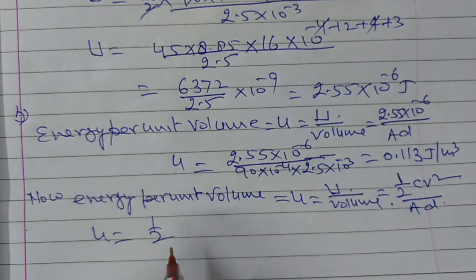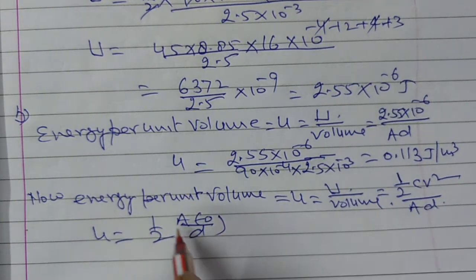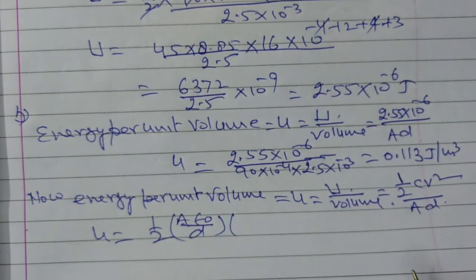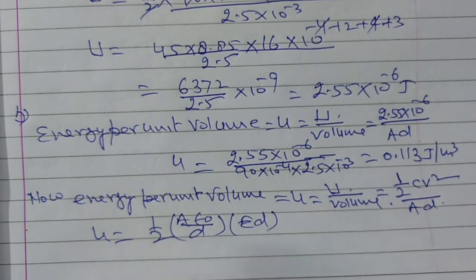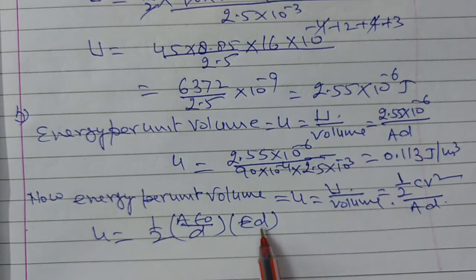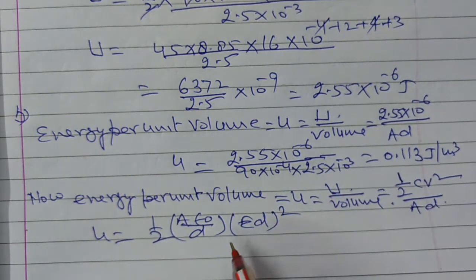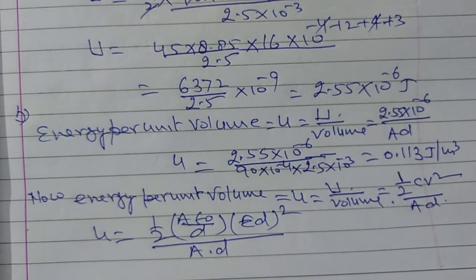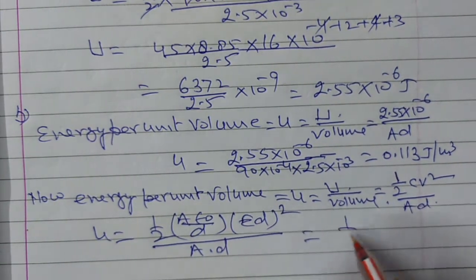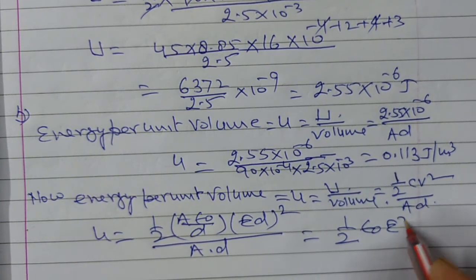C, आप जानते हैं, for a parallel plate capacitor is A epsilon naught upon D, and V is equal to the potential difference between the plates, which is E into D, electric field between the plates and separation between the plates. This is V, and this V whole square here, and now this is area into D. Now on solving, this is half into epsilon naught into E square.